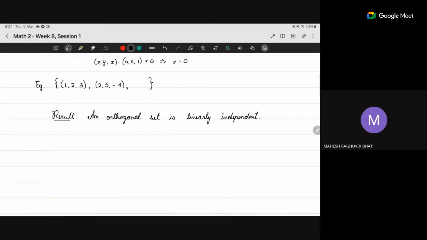Typically, how would you check if something is linearly independent? You would set up equations. Take, for example, this itself, 1, 2, 3, 2, 5, 4. If it's a two-element set, you can see that one is not a multiple of the other.